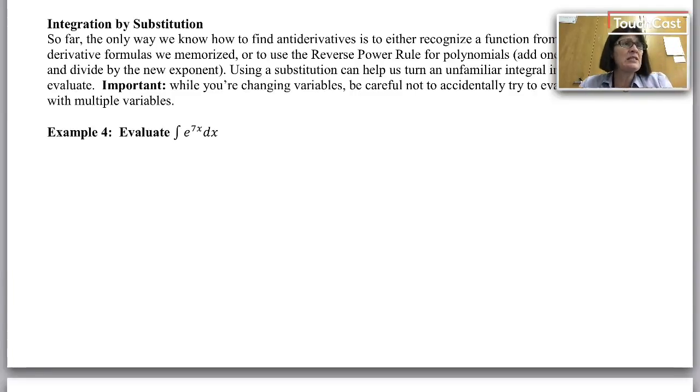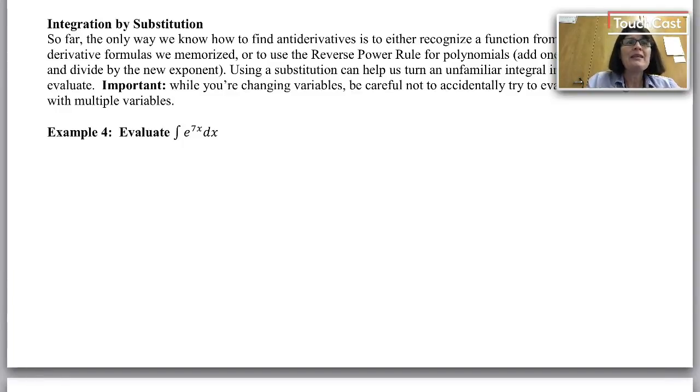So what we need is a systematic bunch of tools that can help us find antiderivatives when it's not just a function we recognize or a polynomial that we can undo with the reverse power rule. So the main tool of a calculus AB student is what is called integration by substitution.